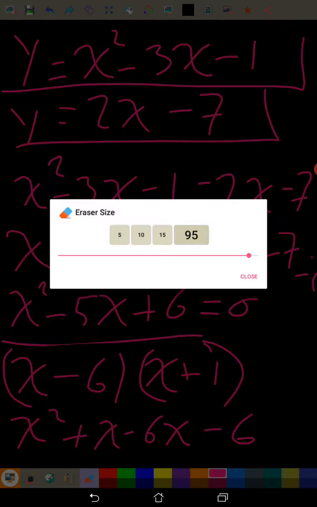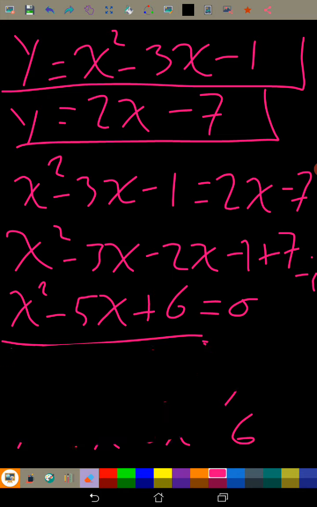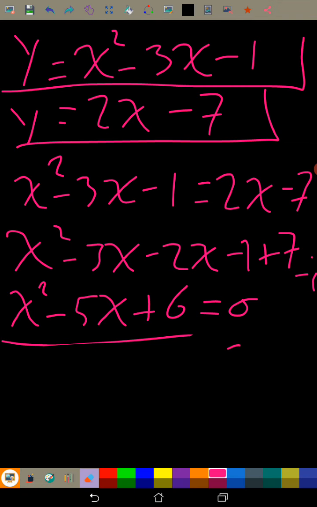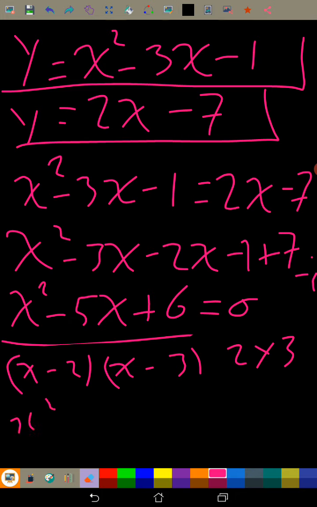So let's try another way. So how can we get 6? We can have 6 by 2 times 3, for example. Let's try like that. So we have x here, and we have minus 2, minus 3. If we expand, we have x squared minus 3x minus 2x.